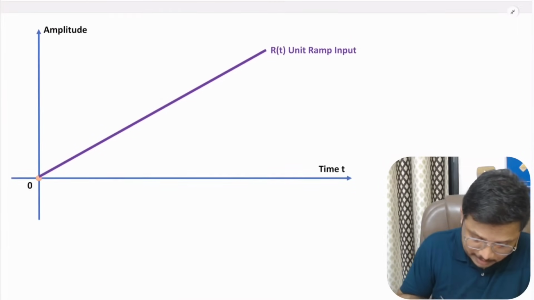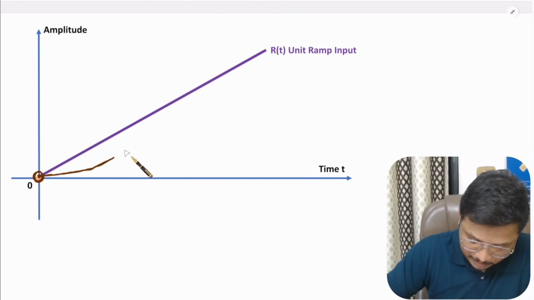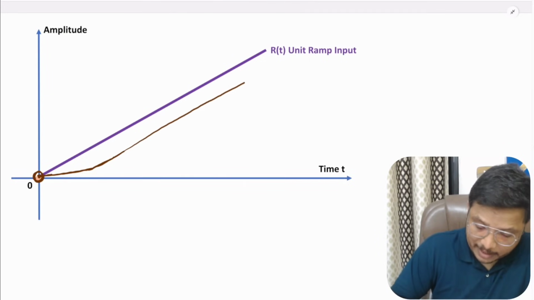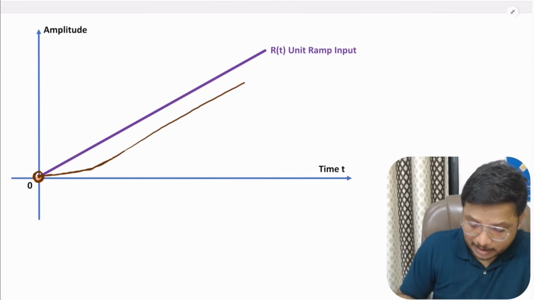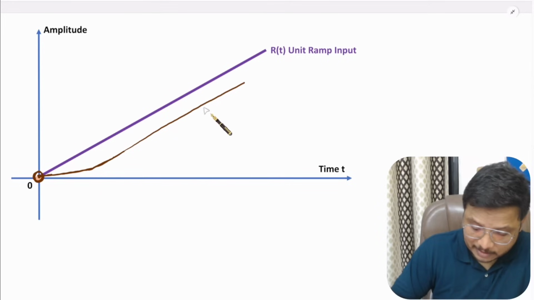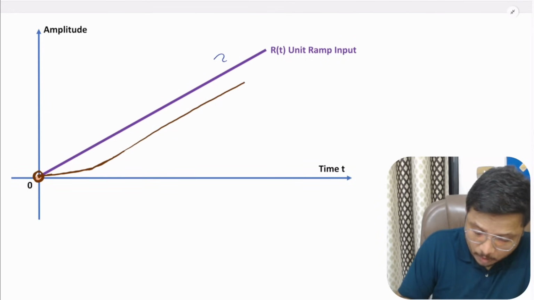So the output will start from here and increase exponentially like this. After some time, it will be a straight line, as we have R of t. Here there is an offset, and this offset is the steady state error, ESS, that is capital T.